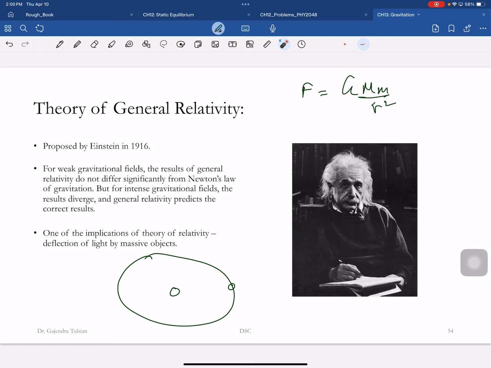Let me give you another illustration. Let's say you tie a tennis ball to a string and whirl it around. If the string breaks, what will happen? The tennis ball will go straight. When will it go straight? The instant the string breaks.